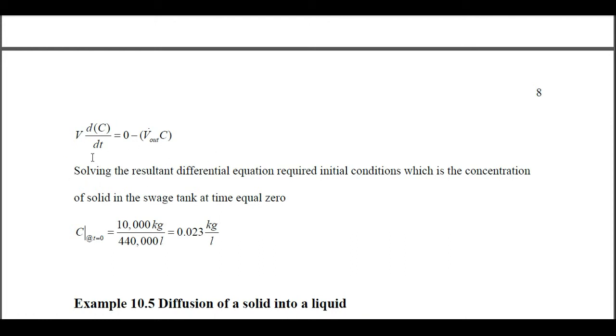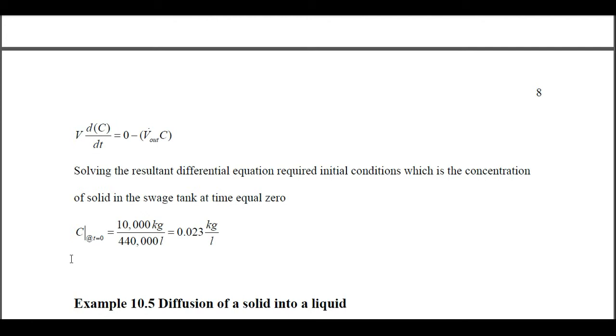We can simplify it because in Simulink you can't solve it like that. You should have the derivative alone, so we will divide by the volume here. And you should notice that we should put the initial condition in Simulink for it to work properly.